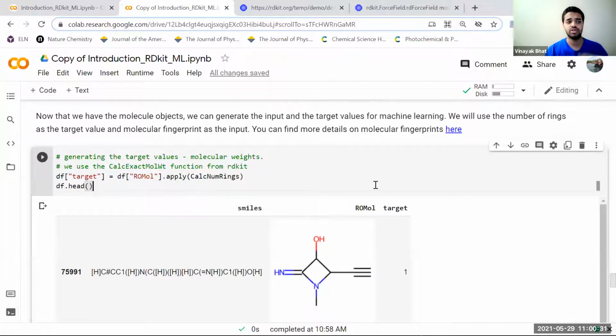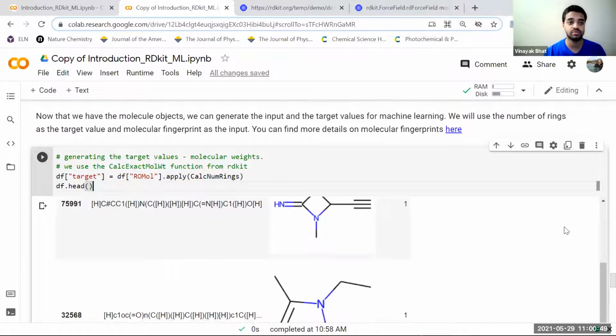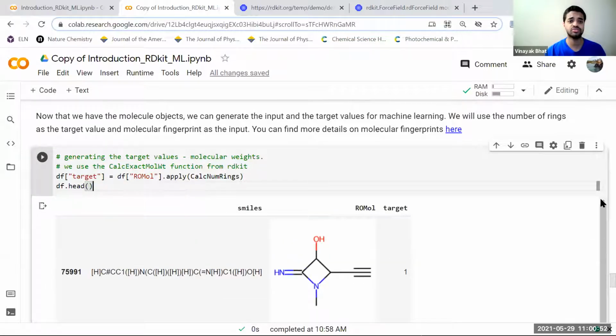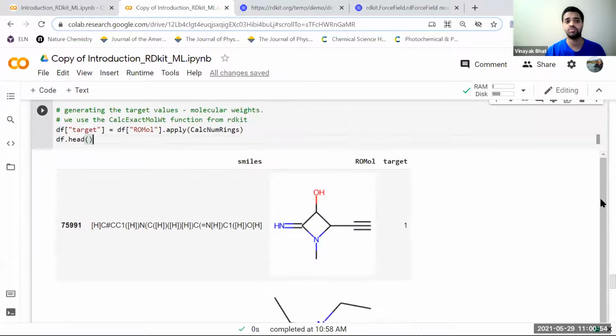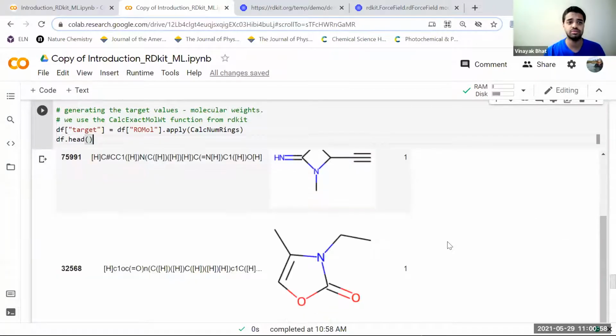So there are some examples in RDKit itself where you have the data and can directly do machine learning. There are some other databases too from which you can extract, like PubChem, where you have properties extracted and do machine learning.